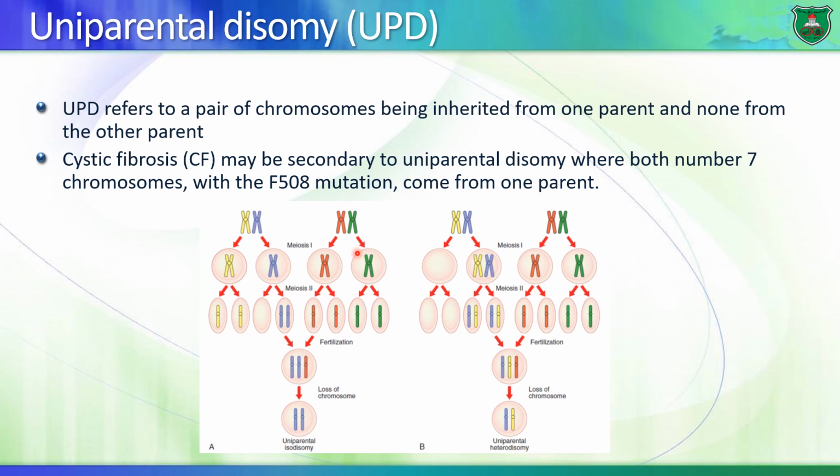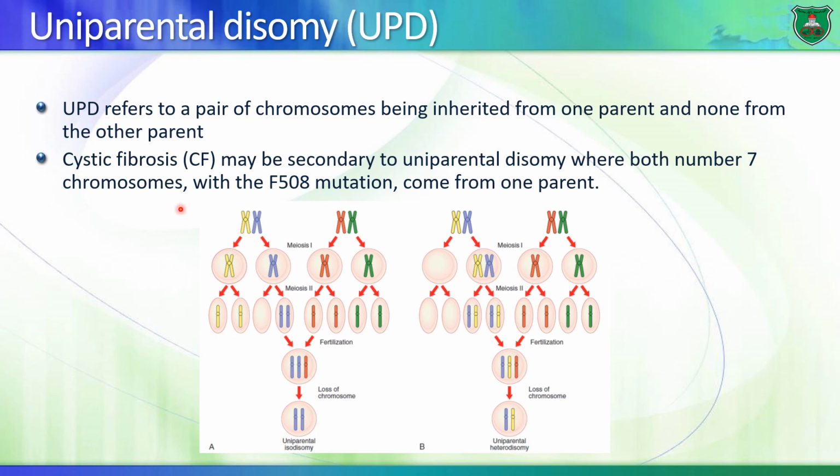By the way, this non-disjunction can happen in meiosis 2 or in meiosis 1, but the idea is the same: you would have a zygote with three chromosomes, and one of these chromosomes would be removed.